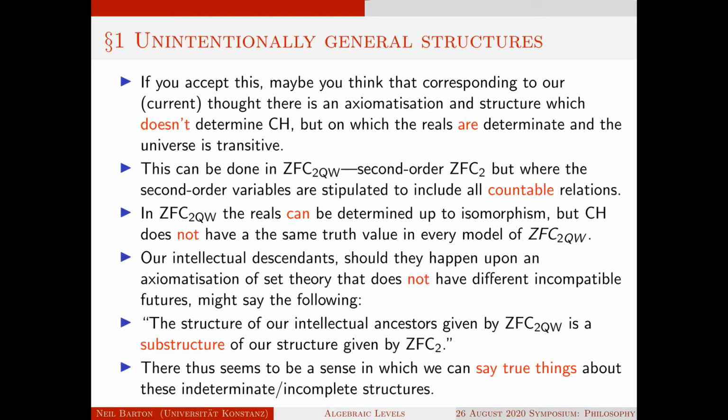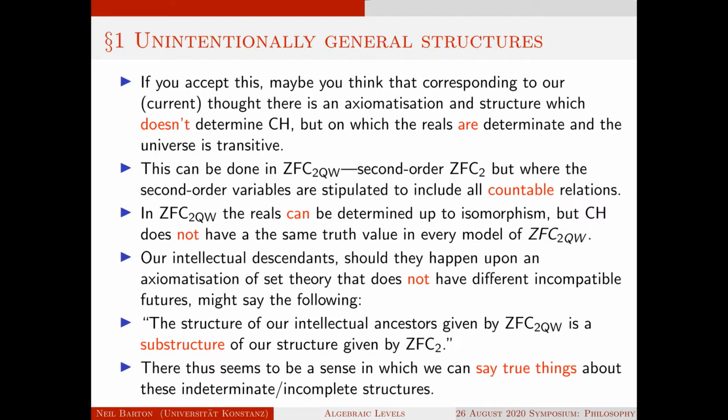Okay, now suppose we look at our intellectual descendants, and they have settled on a particular canonical theory of sets that settles CH. Now, they might look at us, look at our predecessors and say, look, the structure of our intellectual ancestors, let's say it happens to be actually given by ZFC in quasi-weak second-order logic, is a substructure of our structure given by ZFC2, or second-order ZFC.